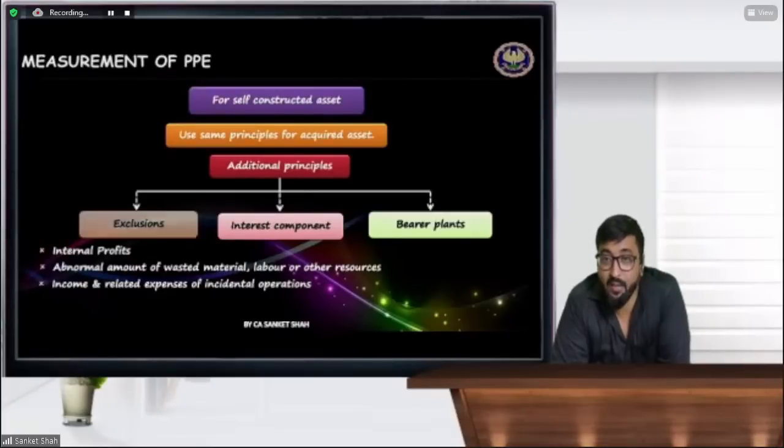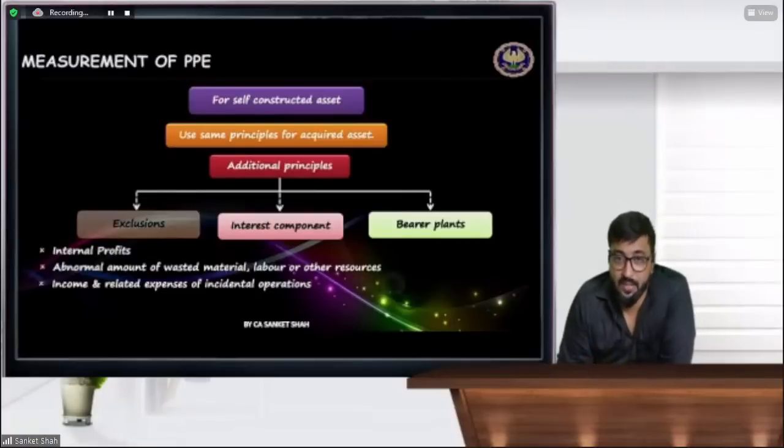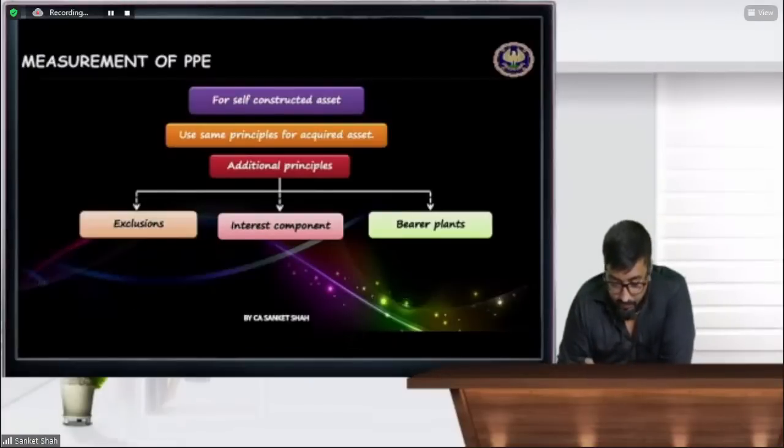So that rental income, I will deduct from the asset. So income and related expenses, I will deduct. Interest component is as per AS 16. So you know the principle.